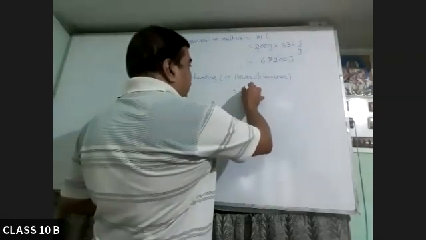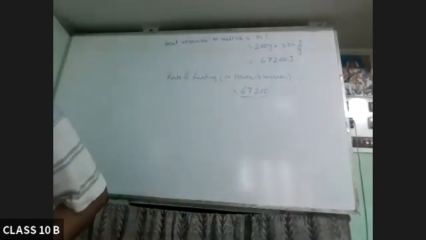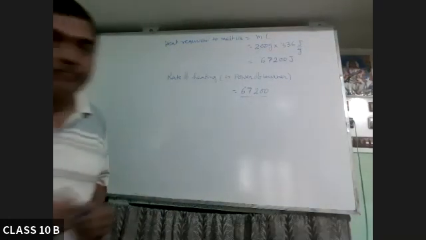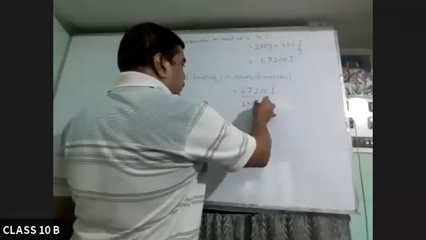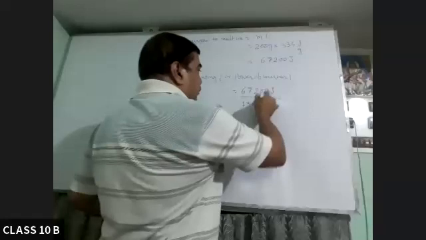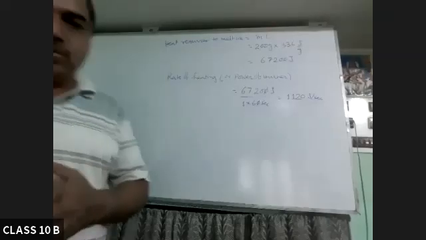So this one will be 67200, and time is 1 minute, that is 60 seconds, which gives 1120 joule per second.